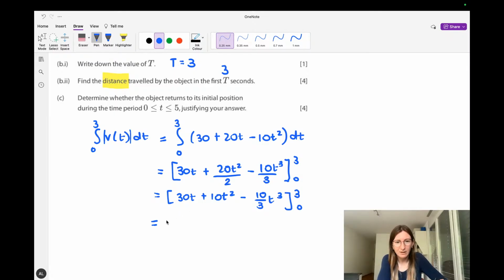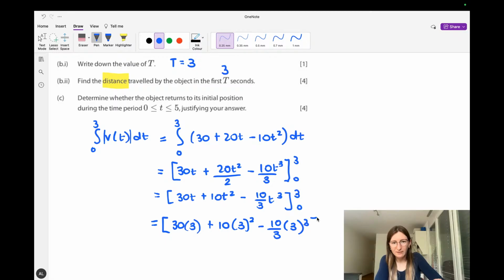It's fine. So let's substitute 3. They all have t in them, so I know at least for that part, it's not going to exist. Plus 10 times 3 squared minus 10 over 3 times 3 to the power of 3. There we go.